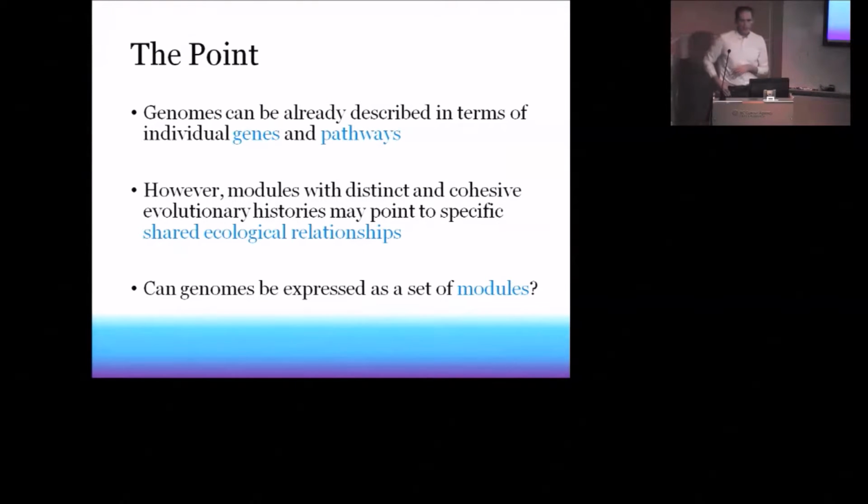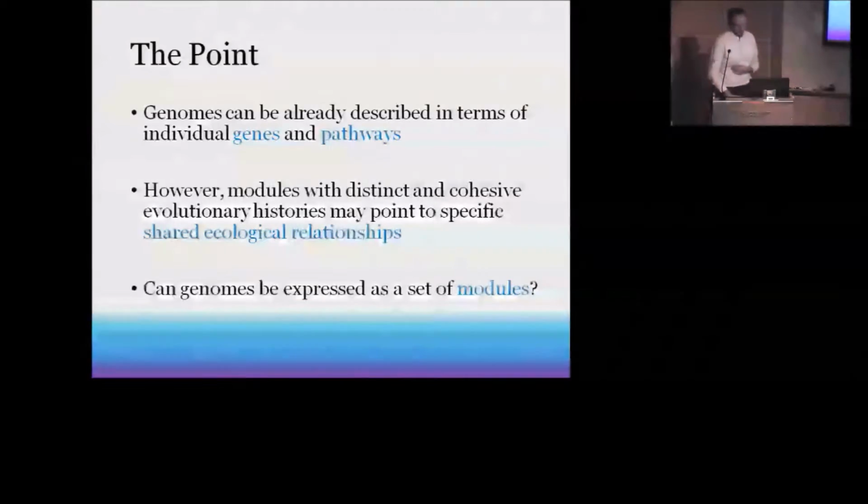And so instead of just saying you have these 25 genes, you can say, oh, these are a module that tend to show a similar phylogenetic distribution. And so think about the genome now, not as a set of several thousand genes, but as a combination of modules. If we do that, that might give us further insights into the evolution and the ecology of these organisms.